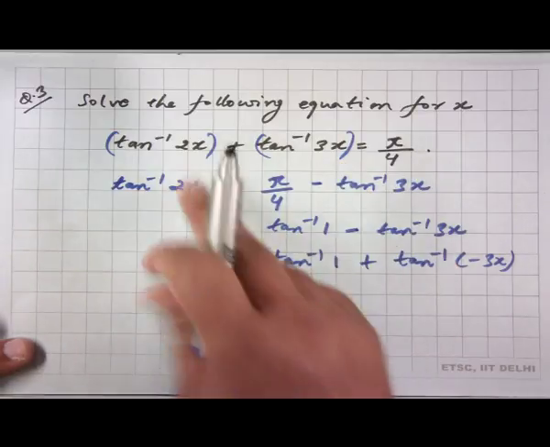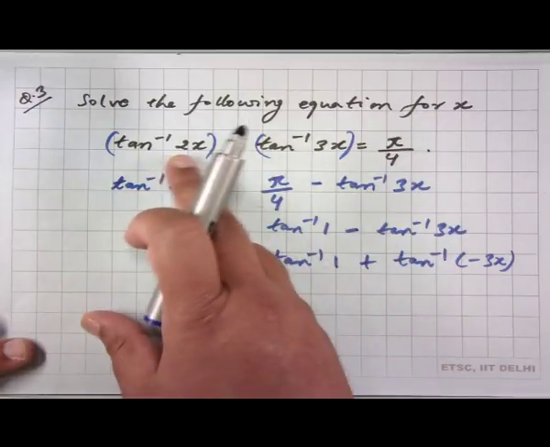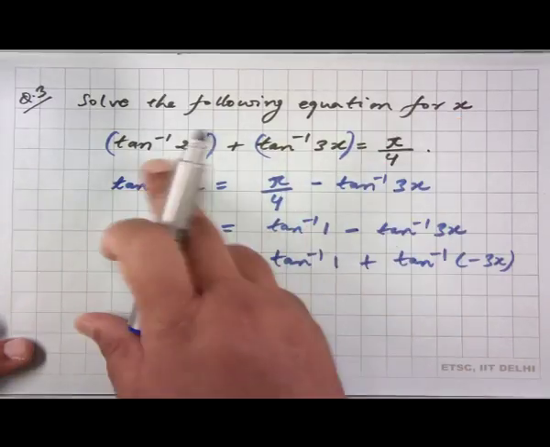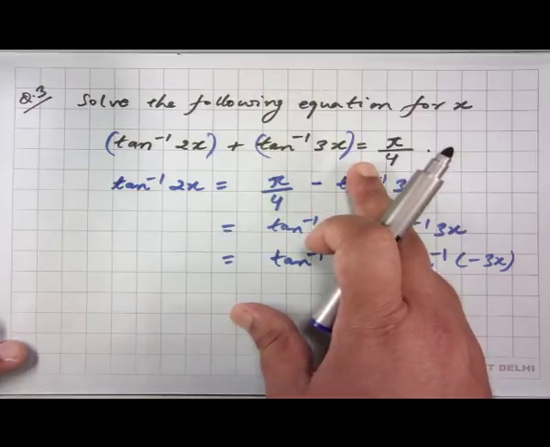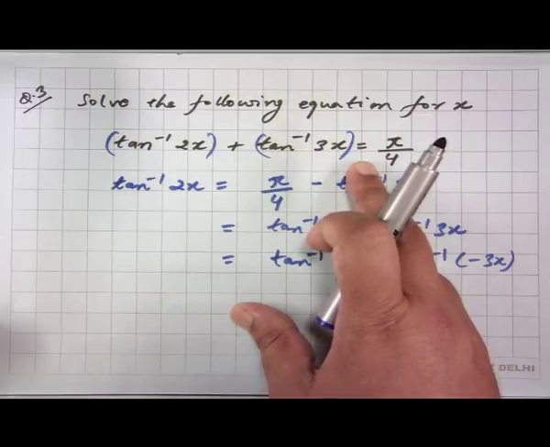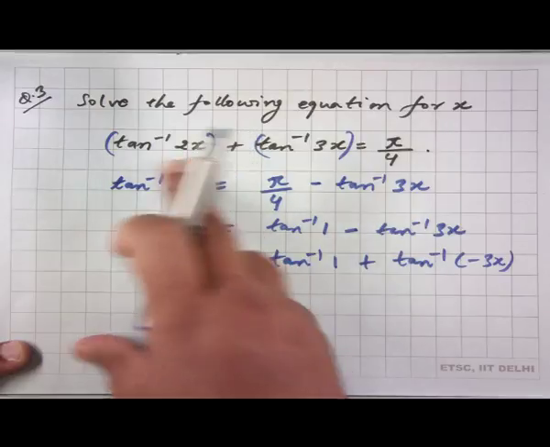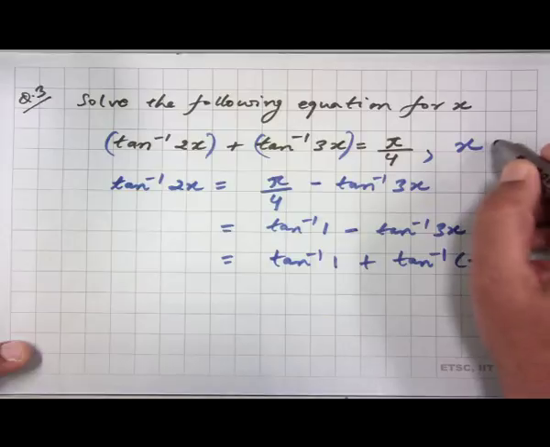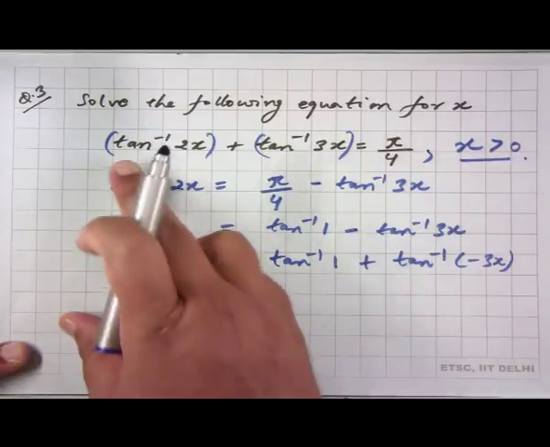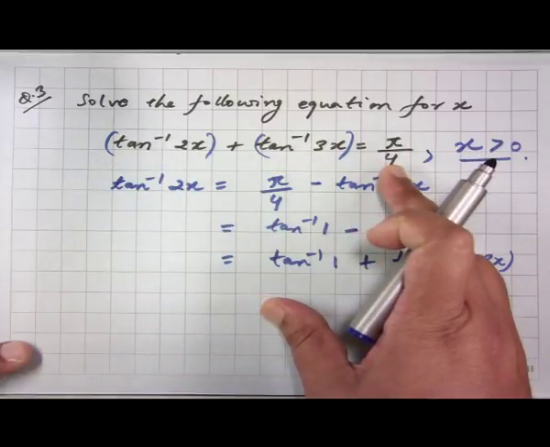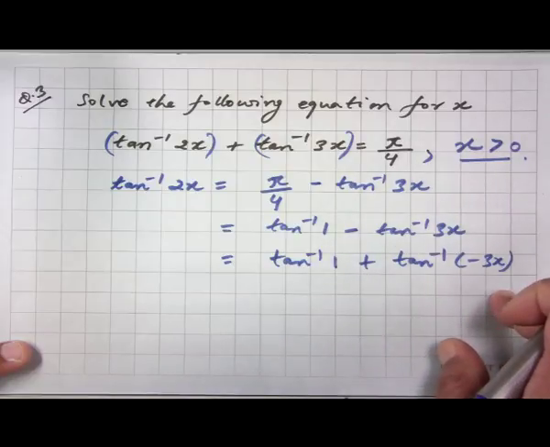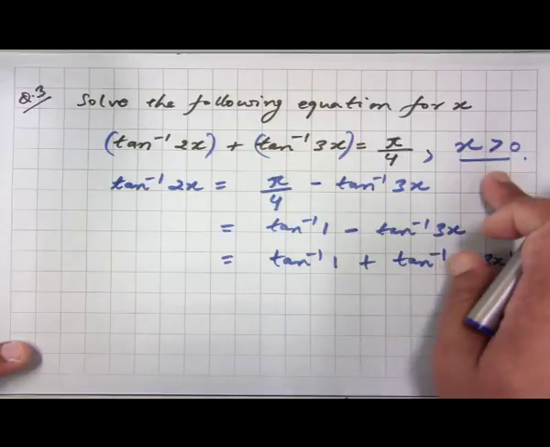But since in this problem we have been asked to find those values of x for which this is positive, it can clearly be concluded that only those x will satisfy this equation for which x is greater than 0. That is something we can immediately see from this equation. Therefore, in the subsequent discussion we will only restrict our discussion to positive values of x.